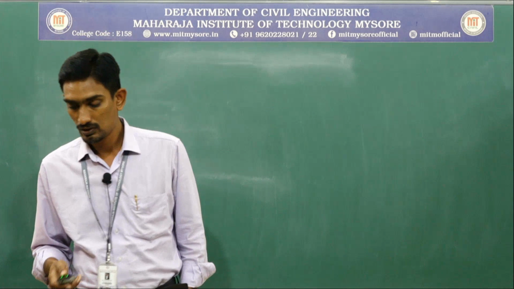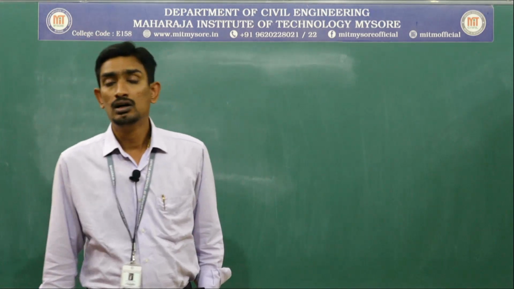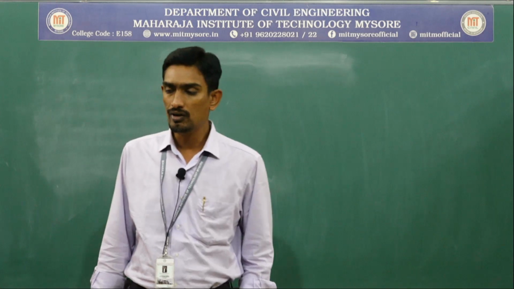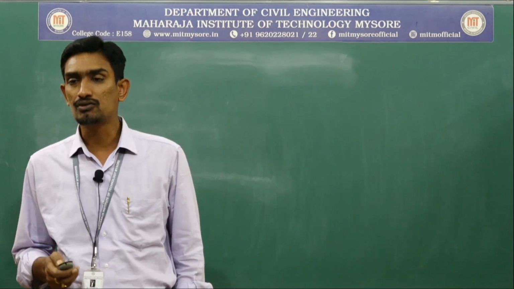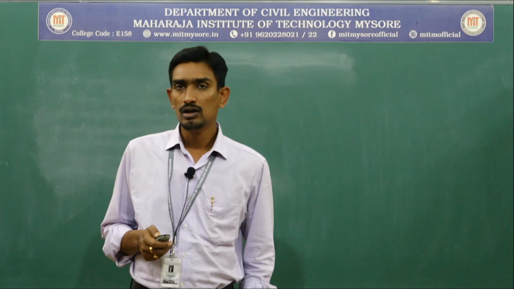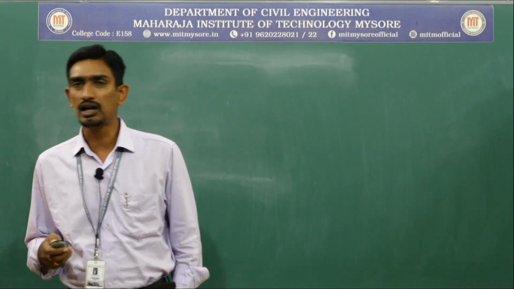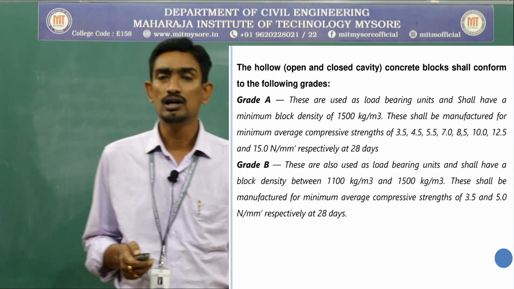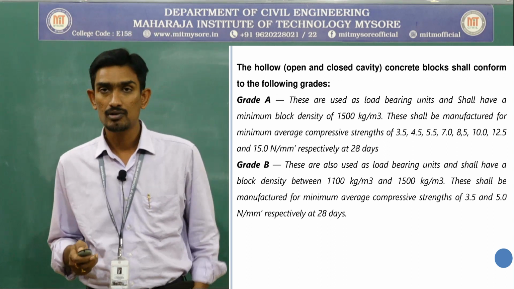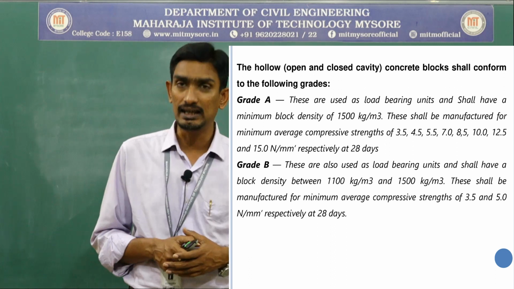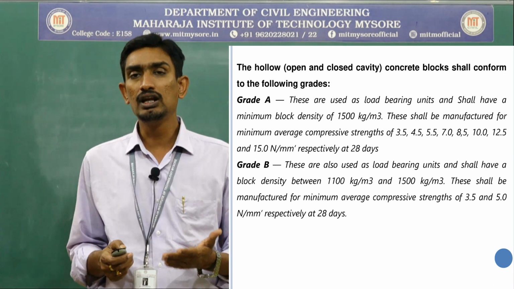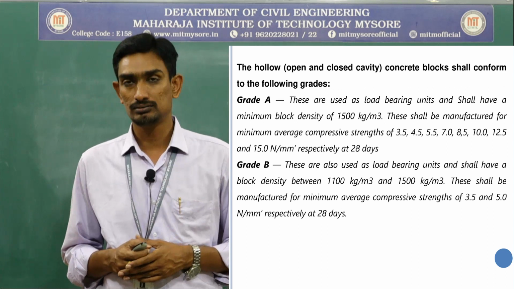After discussing the definition of concrete block, now we will move on to the types of concrete block. As per IS 2185, concrete blocks are classified based upon density. In the last class, I highlighted density: an increase in density increases the strength of the block.